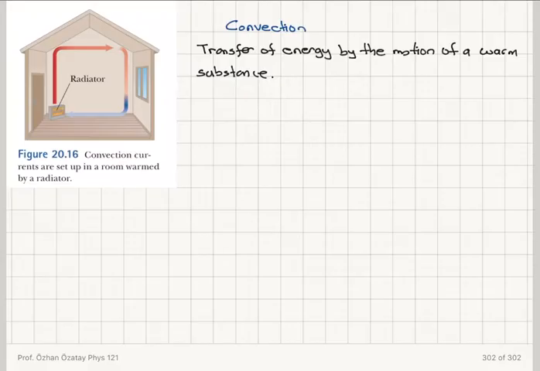Now there are two types of this we can talk about. We can have the so-called natural convection, or we can have forced convection.